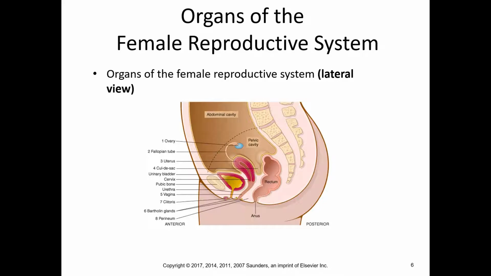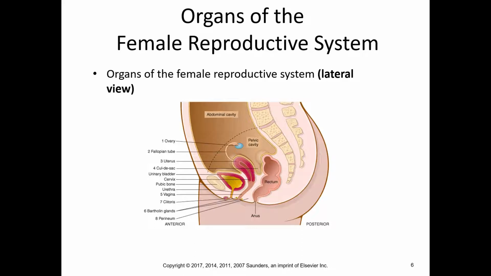The cervix, shown as basically the most distal inferior point of the uterus, which is introduced into the proximal vagina. Pubic bone sitting anterior to the bladder. Urethra, for females the urethra is short and leads to the external urinary meatus. Under that, number 5 listed, the vagina, the vaginal canal, and during birth this will become the birth canal.